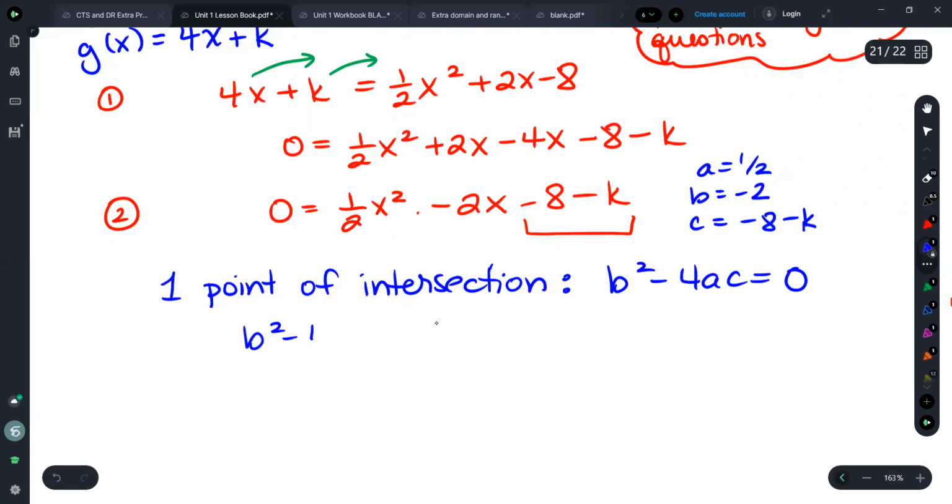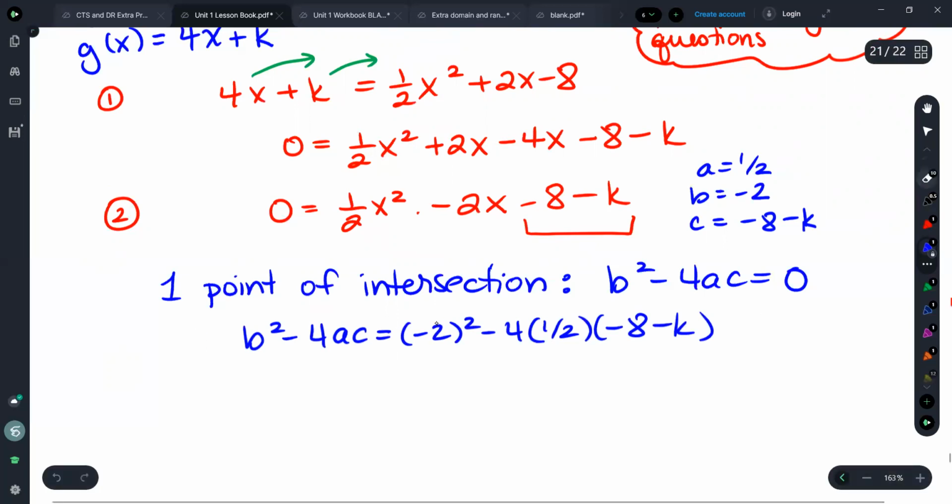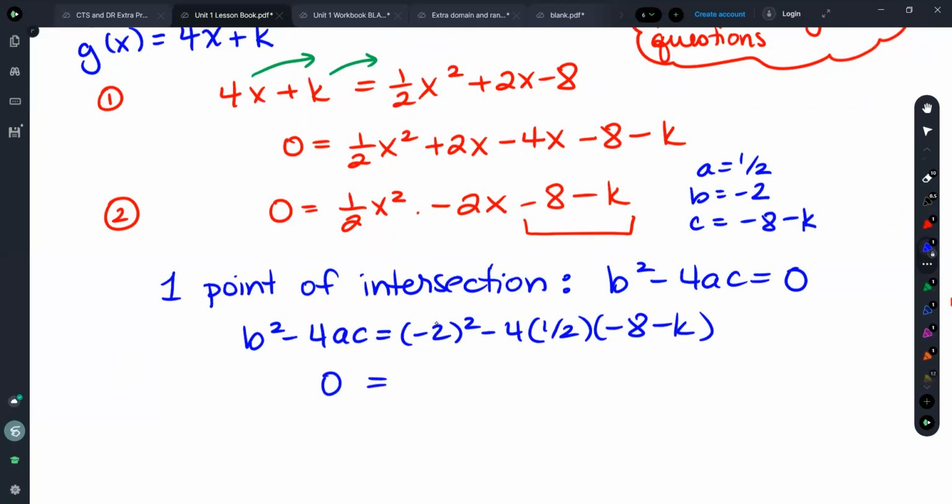So b squared minus 4ac will be equal to -2 squared minus 4 times a times c. And I guess we should say this equals 0. So we know that's equal to 0 because it's 1 point of intersection. And then I'm going to simplify here a little bit.